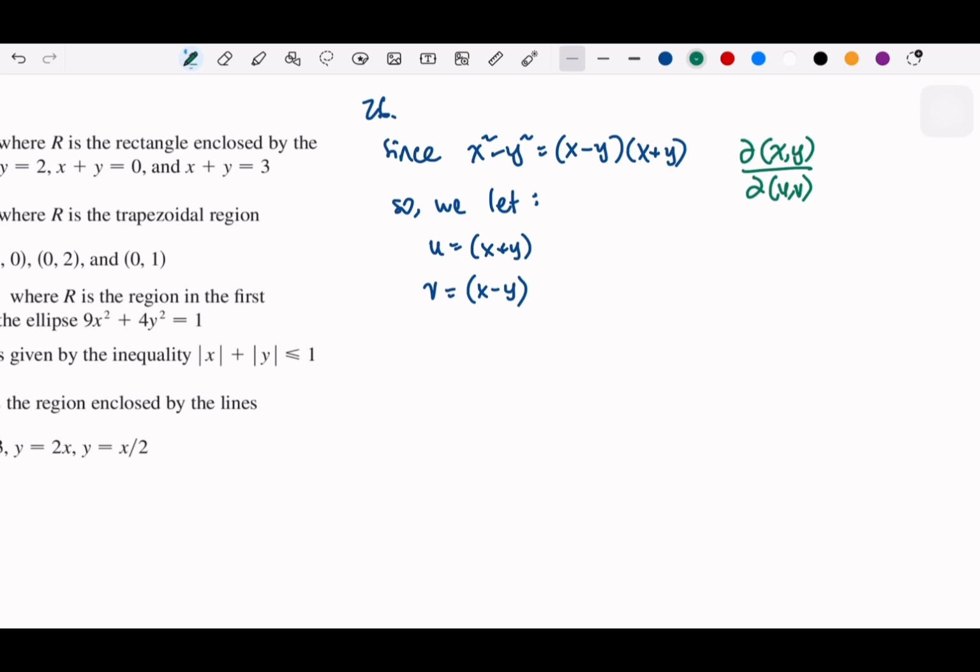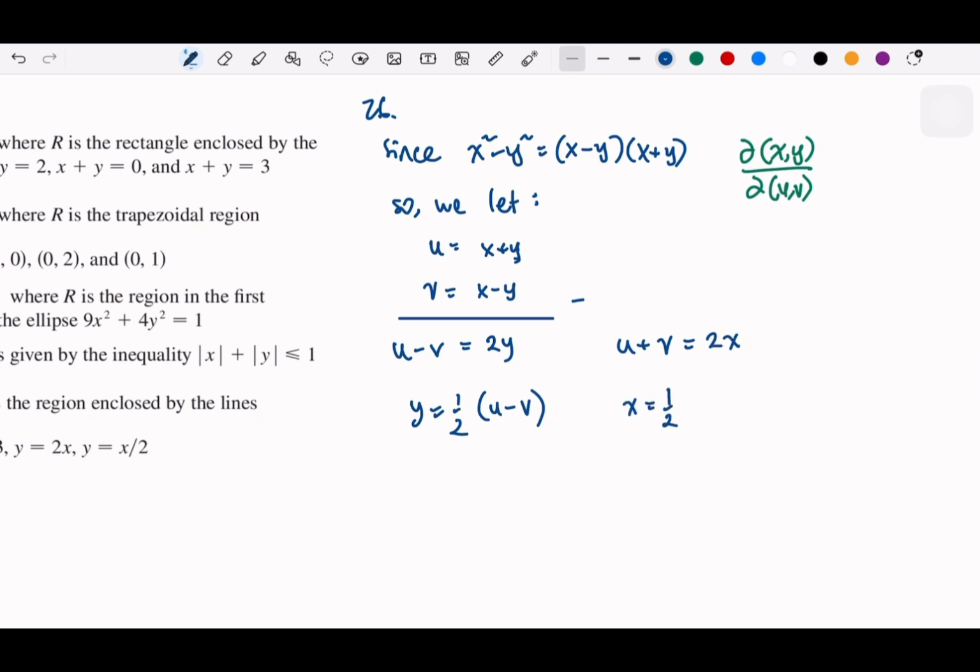So we need to know the terms in x and y. Let's solve this first. For example, we take the difference, u minus v, and this will be 2y. So y is half of u minus v. Then we take the addition, u plus v, which will be 2x, so x is half of u plus v, right?